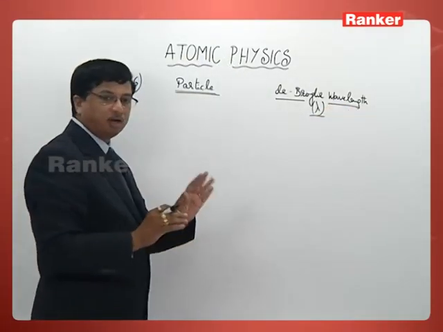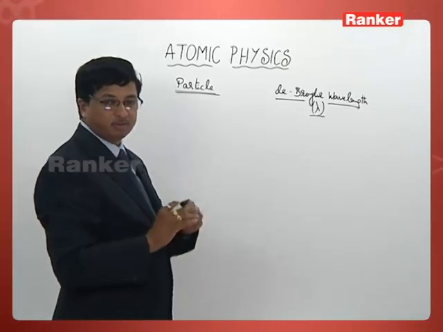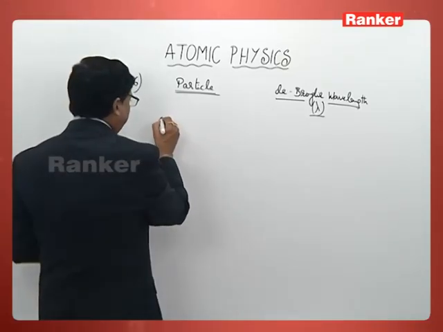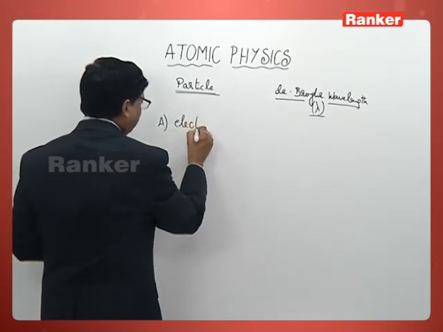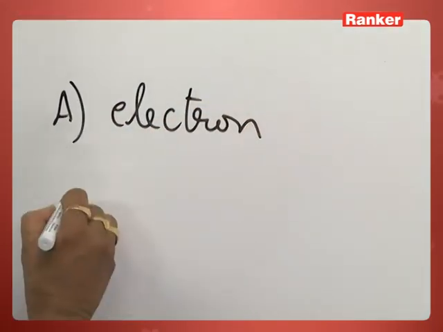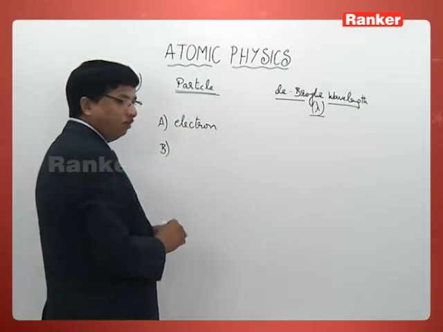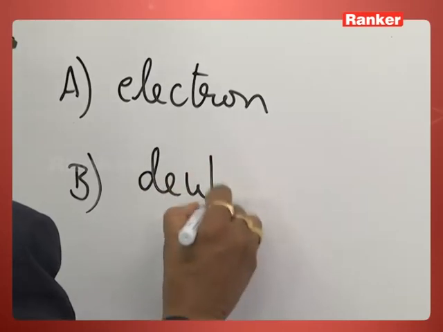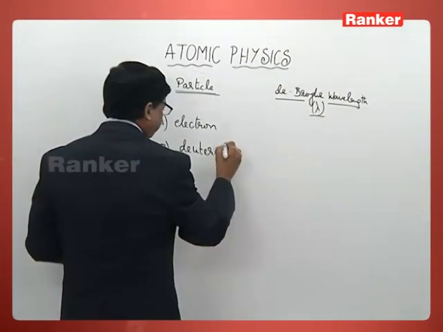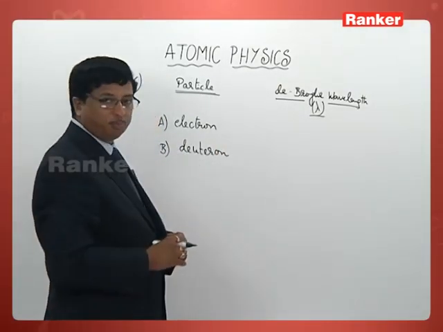What are the four particles he has mentioned? The very first particle he has given us is the electron. The second particle he gave us is the deuteron, the ion of deuterium, which is the isotope of hydrogen.